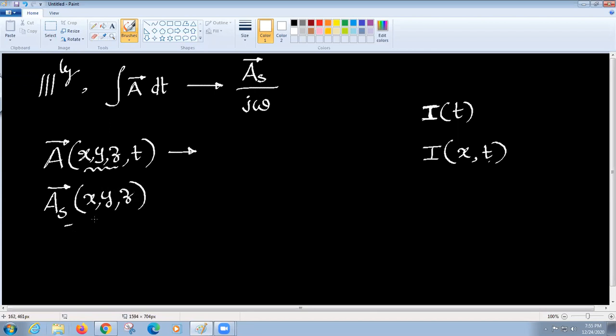There is only space. It's only space dependent. So this is time dependent, but this is spatially dependent, I can say. That's what we can conclude from this.